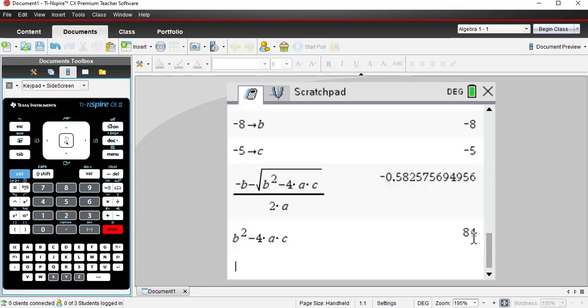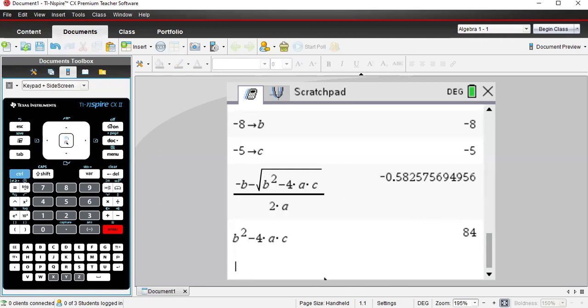So it's 84. I know that's not a perfect square because 81 is a perfect square, 9 times 9 gives you 81, so 84 can't be a perfect square. So now I'm going to leave the square root with the 84 inside.